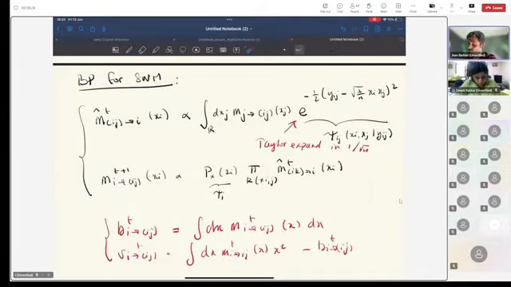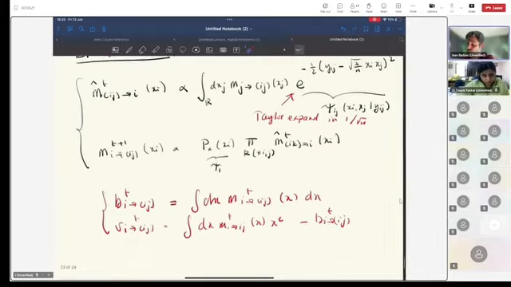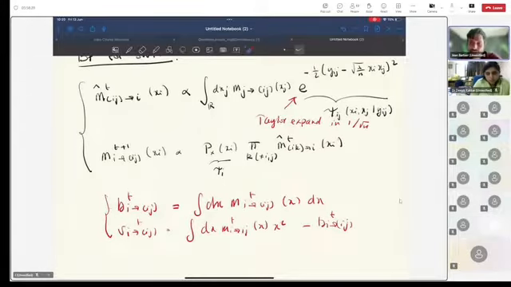So I won't do the derivation, but the main point is that, because this thing is small, if you do a Taylor expansion of this exponential at second order, you will linearize this exponential, and then you have a quadratic term in the x's. The linear term will just be an integration of m against a term linear in xj, so it will be a function of this expectation.